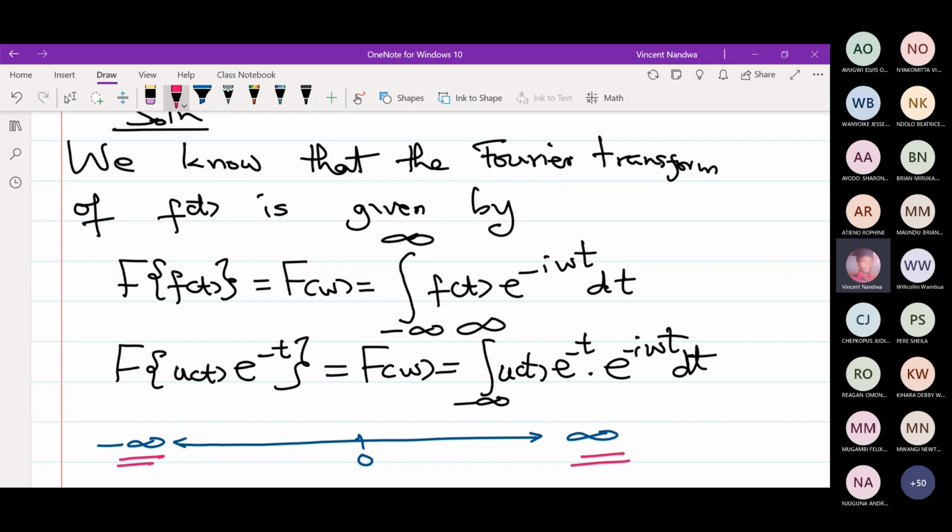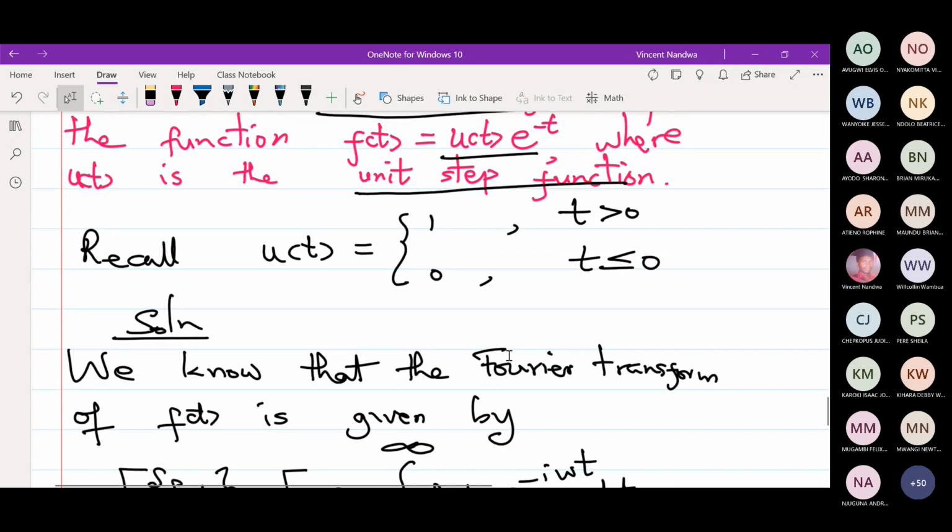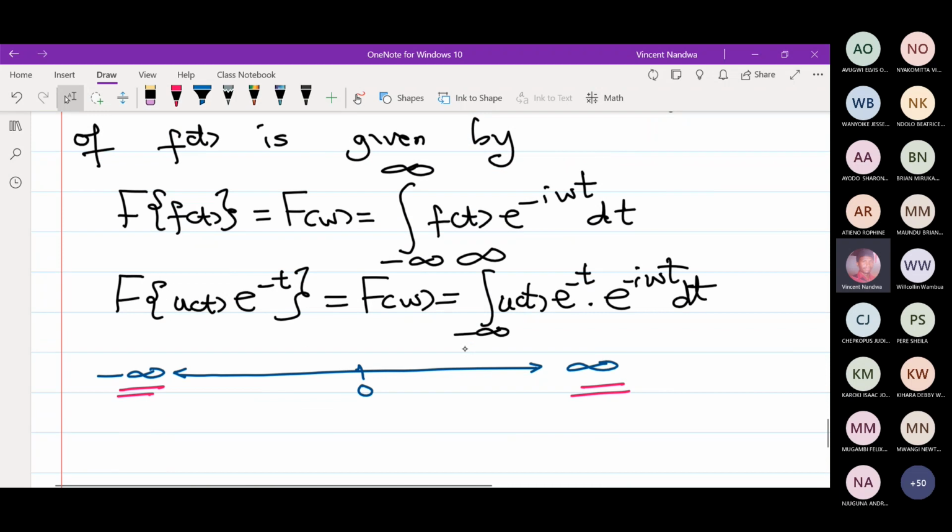But given the nature of our f of t, we have the unit step function whose value is always 1 whenever t is more than 0, but for other values of t, the value of the function is 0. So which means that on this line, from 0 to infinity, u is 1, but from 0 to negative infinity, the value of u is 0.